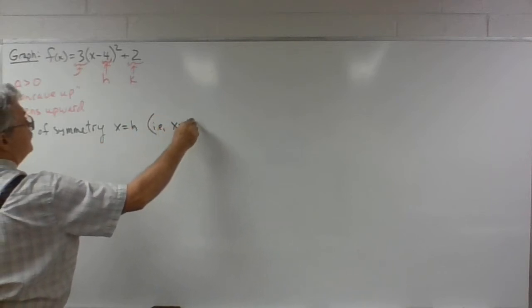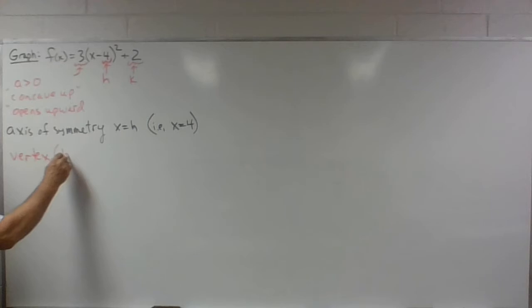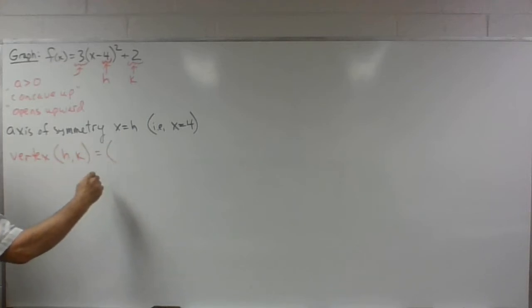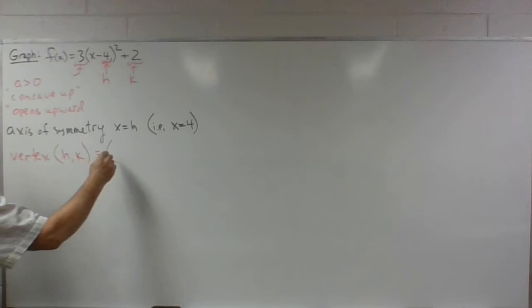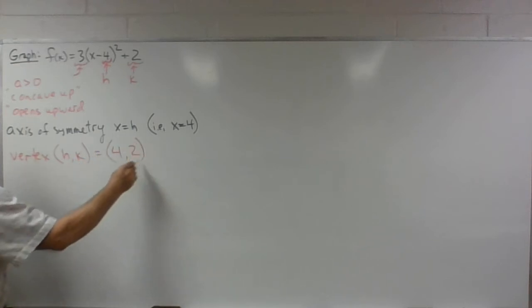So X equal 4 is our axis of symmetry. And what about our vertex? Our vertex is the point HK, and that equals 4, 2.